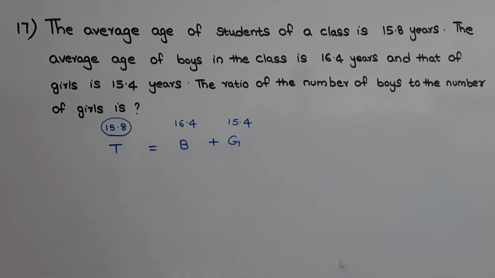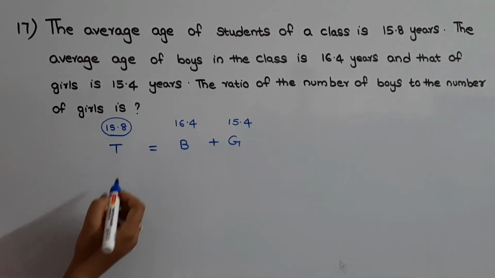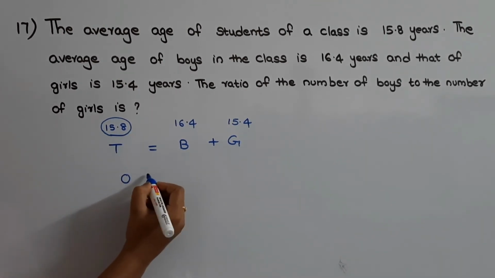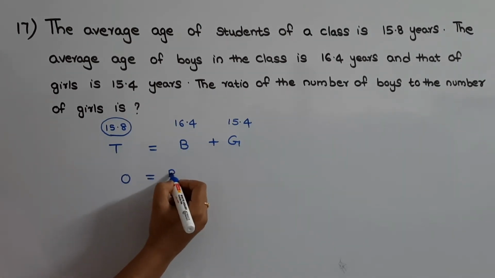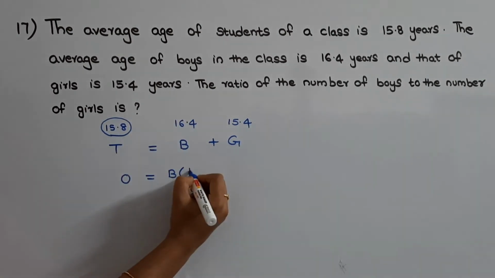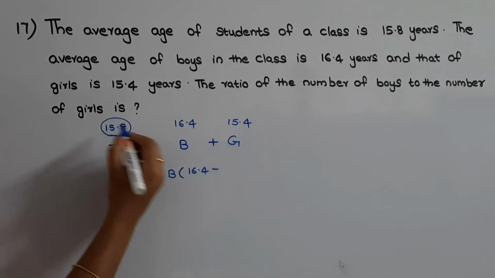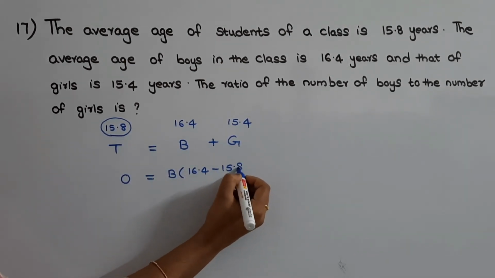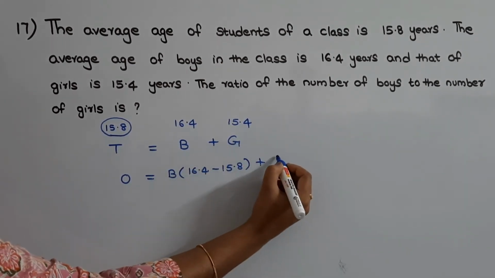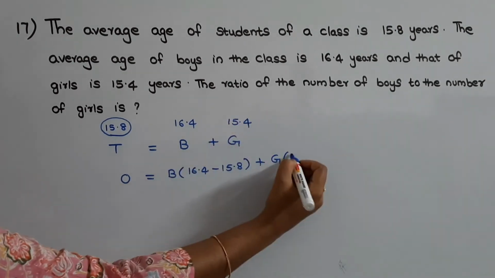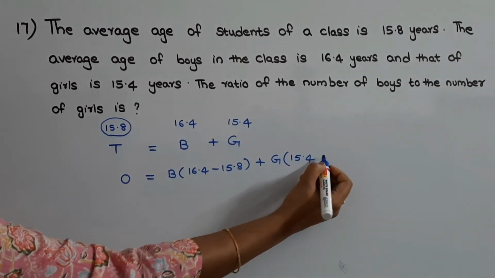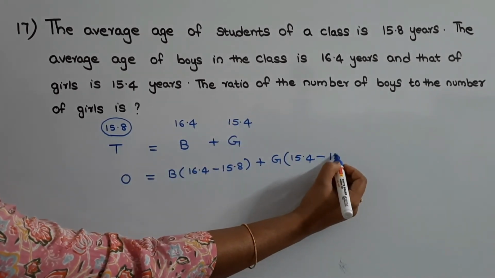Now the next step is this part will become 0 and this is equal to multiply this b by the difference between its average and reference average, that is 15.8, plus multiply this g by the difference between its average and reference average, that is 15.8.